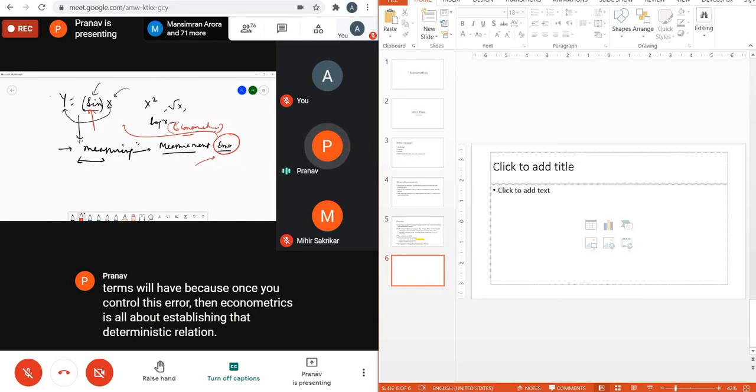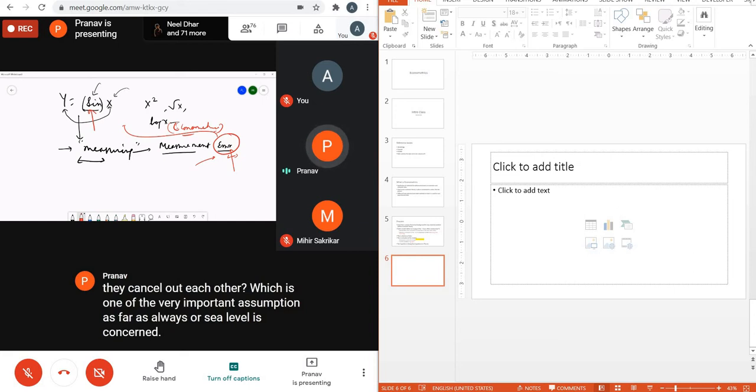So it is precisely what kind of theoretical distribution form you want your errors to have. Do I want my error terms to behave in such a manner that they cancel out each other? Which is one of the very important assumptions as far as OLS or CLR is concerned.